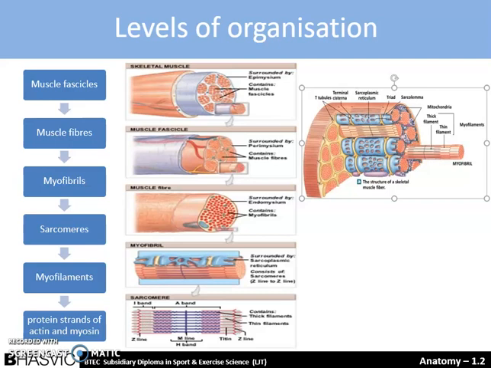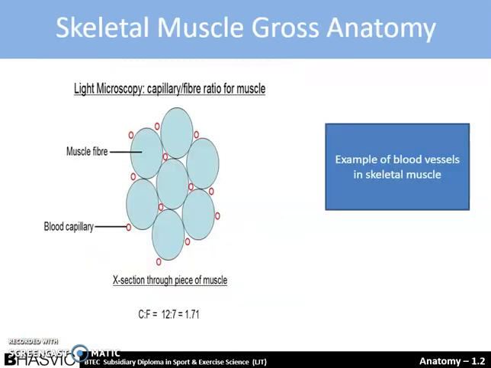The myofilaments are strands of protein called actin and myosin. So the actin and myosin are within the sarcomeres, right in this section here. Another important thing to note about the blood vessels is that there is an extensive network of them in skeletal muscle.